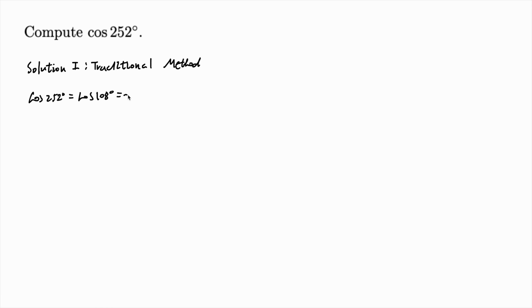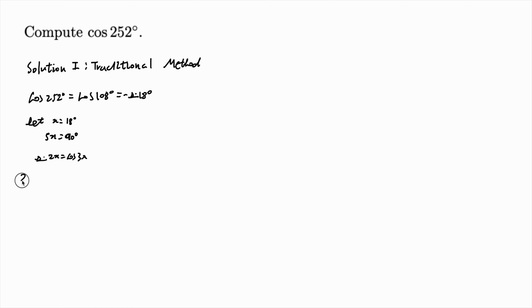Now this is simply equal to negative sine of 18 degrees. Now this is a very classic problem where we say let x equals 18 degrees. So we have 5x equals 90 degrees. Using this fact, we know that sine 2x equals cosine of 3x.